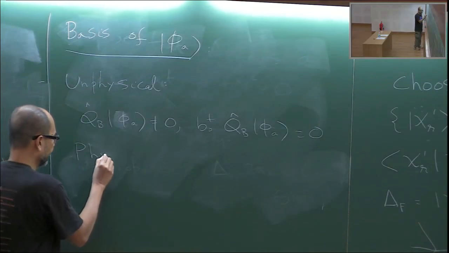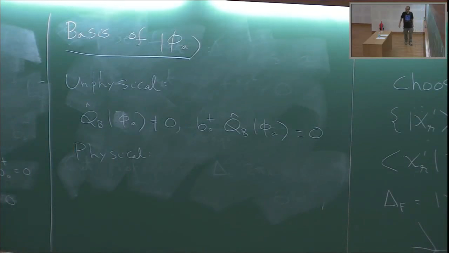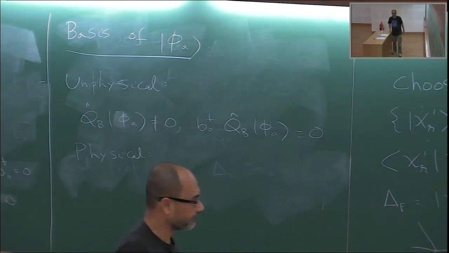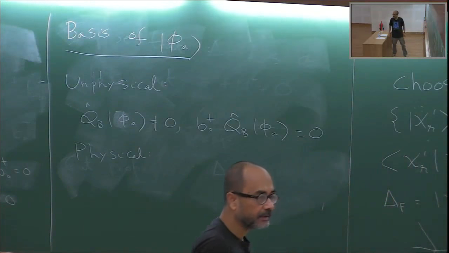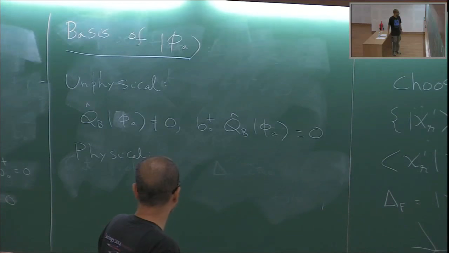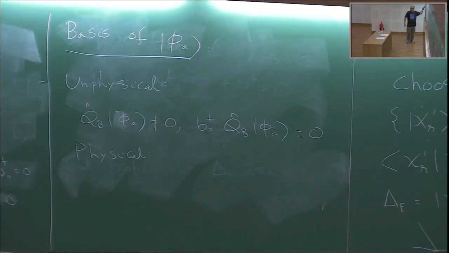Then you have physical states. No, within H hat T, because phi and psi are already inside H hat T, so we don't have to worry about the first two conditions. No, we have to, because B naught plus H hat T contains also states which are not annihilated by B naught plus.